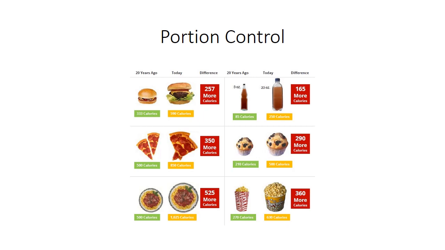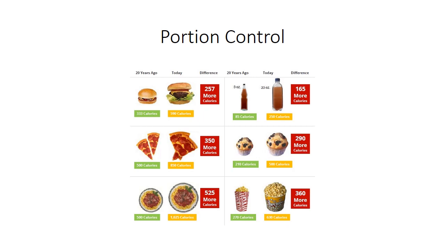It will give you 590 calories. Then pizza 20 years ago, the traditional serving was 500 calories. Now it's 850 calories, etc., etc.